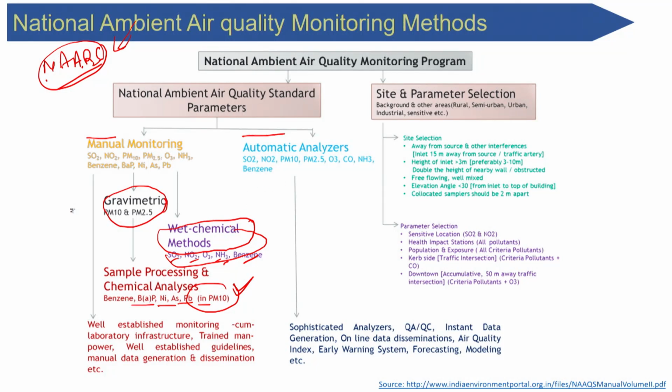In Indian conditions, one of the biggest problems is that you don't find very good monitoring stations, and often when you are doing validation, your data may not match with the other kinds of data that are there. This is a matter of training, and unfortunately this training is lacking in India.